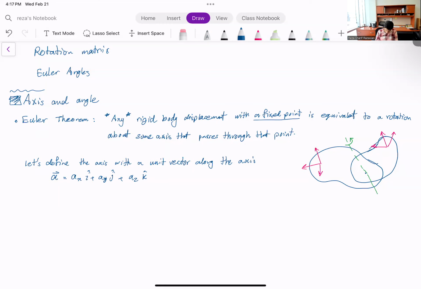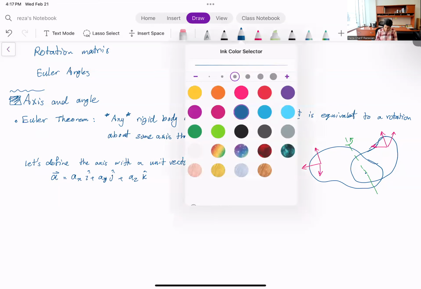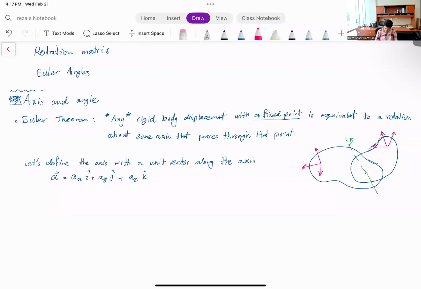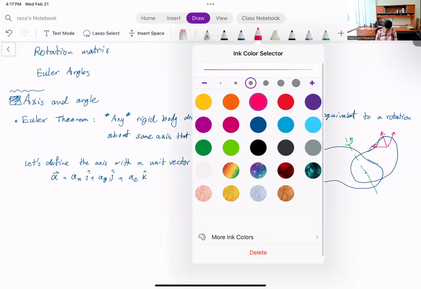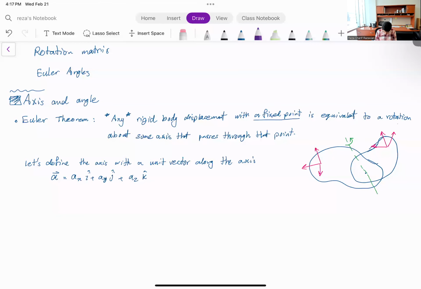And the funny thing about this axis is that if you start, this is your original frame, and you have rotated. So your original frame stays here.